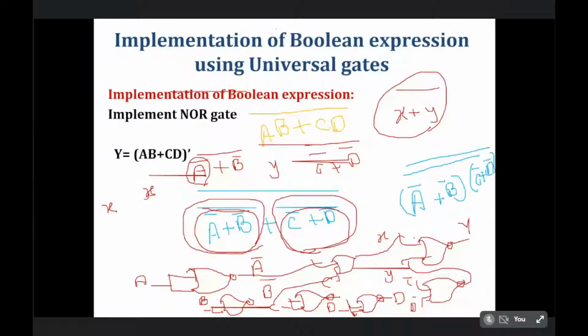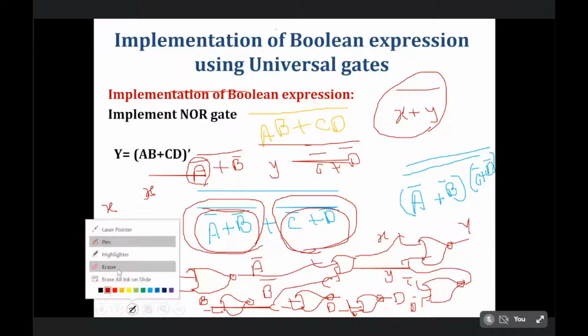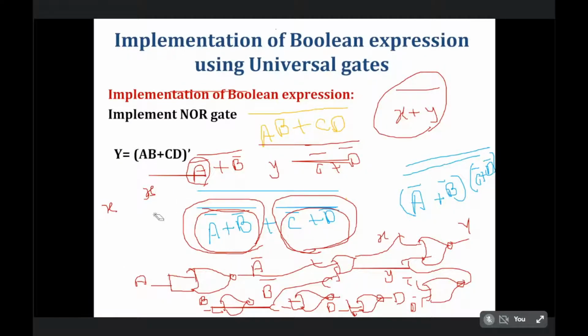So how many number of NOR gates are required here? 7, not 3. Clear? Why not 3? Why 7? Because the terms A bar, B bar, C bar, D bar are coming here. So that's why 7 number of NOR gates are required. Okay. So this is the NOR implementation.